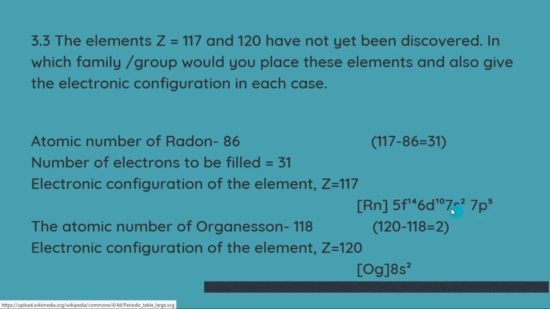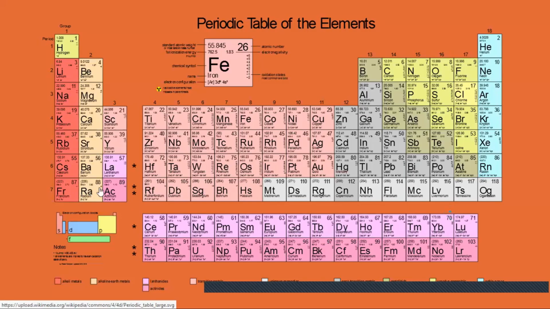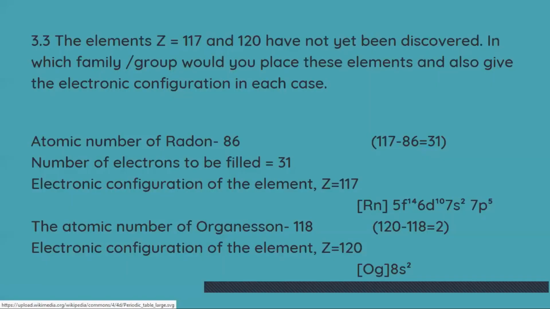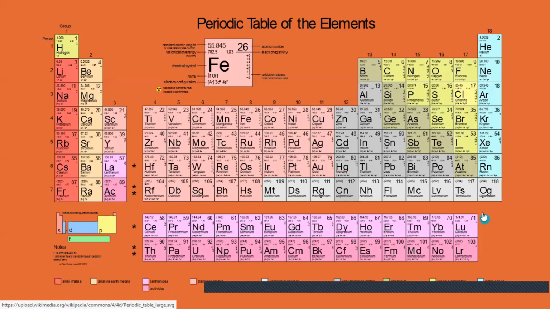If you order it in terms of their energies, it would be 7s2, then 5f14, then 6d10, and then 7p5. Since its outermost electrons are filled in the p orbital, and it has 5 electrons, it will be under halogens. So that's why 117 is tennessine.